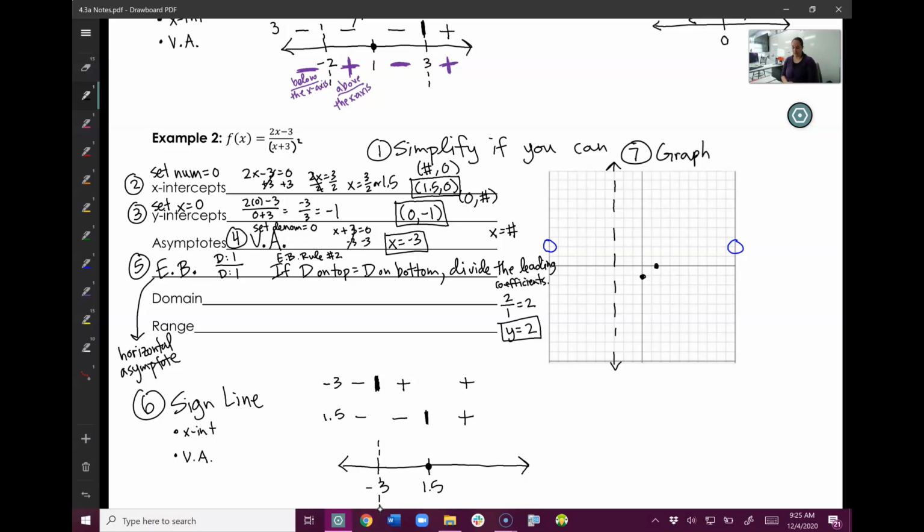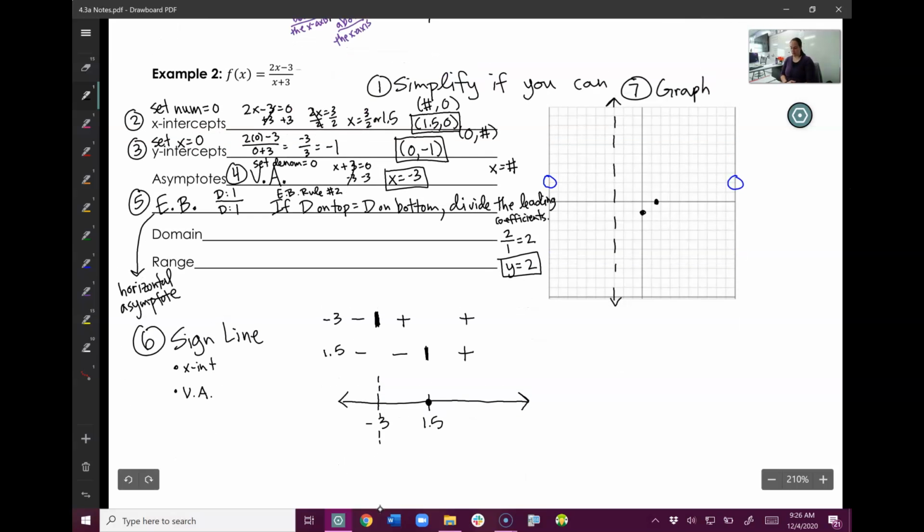So if this x plus 3 was squared, I would come to the -3 line and put the whole line as positive, because that square turns all my negatives into positives. So just a little side note, we don't have that in this problem, but if you ever do encounter a problem like that, that's what you do with it.